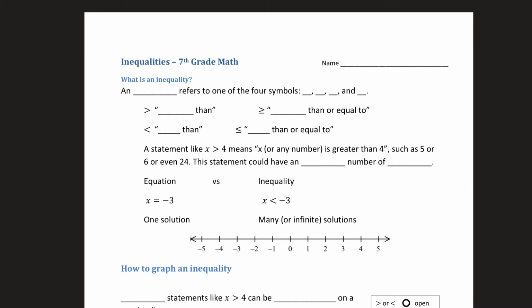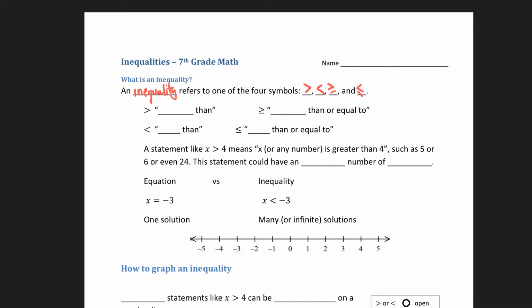So, we'll begin with what is an inequality? An inequality refers to one of four symbols, those alligator signs. There are four of them in the inequality world.